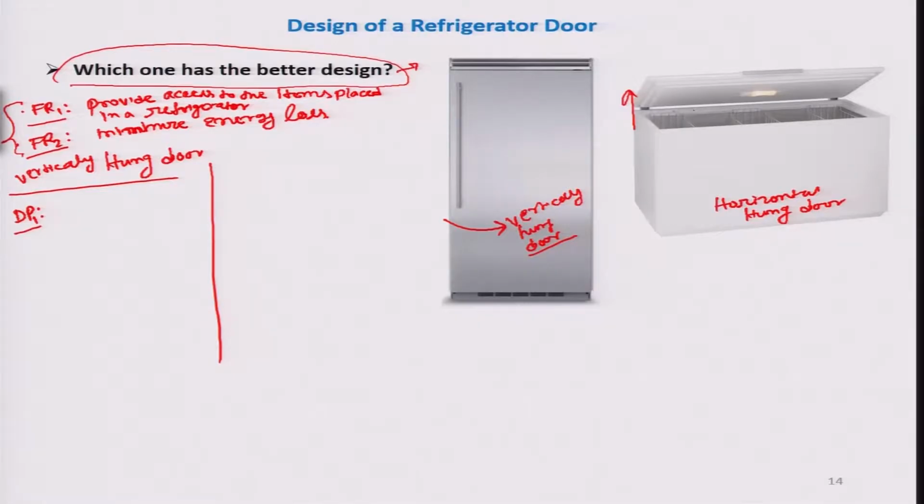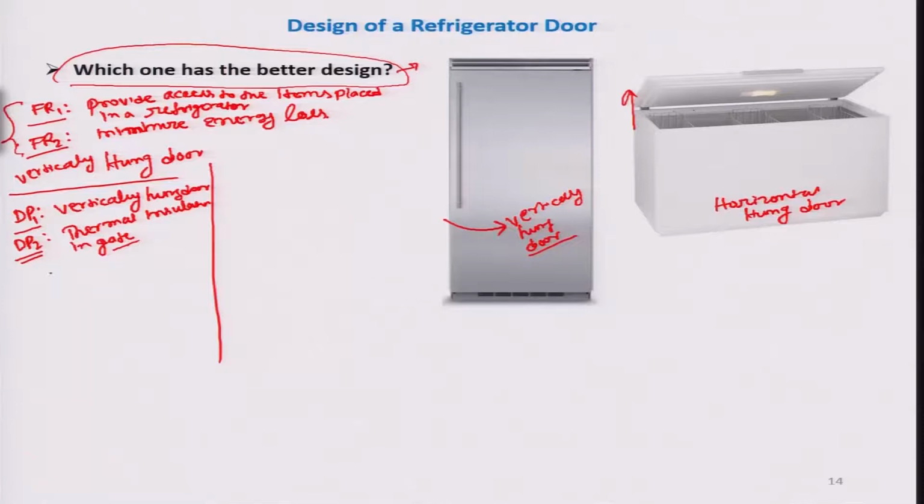Design parameter 1 will be the vertically hung door, and design parameter 2 will be thermal insulation in the gate, so that energy loss can be minimized.